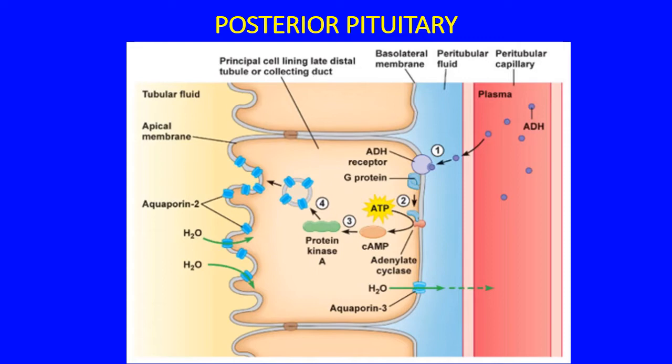Keep in mind that this is supposed to have these tight junctions here, so fluid can't get between the cells. And you're also going to have a lot more activity of the AQP3 and 4 aquaporin channels, and they're going to be moving that water out. Okay.